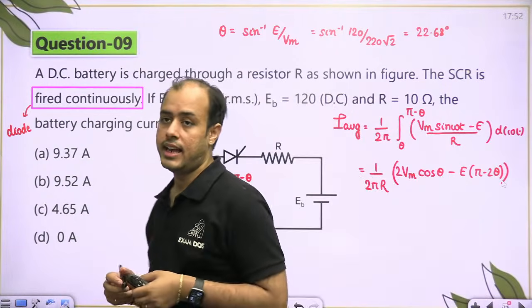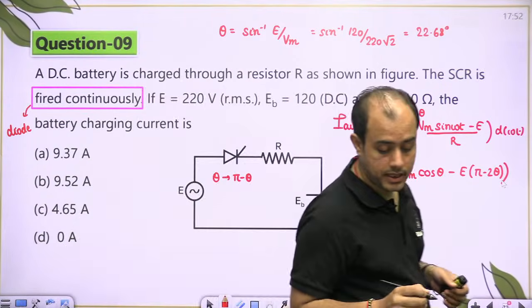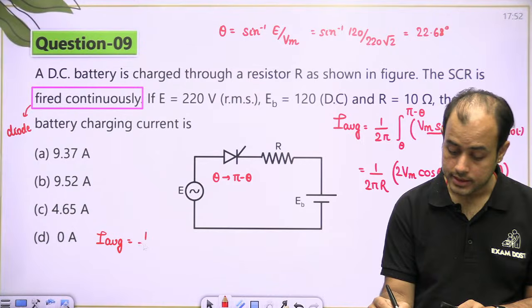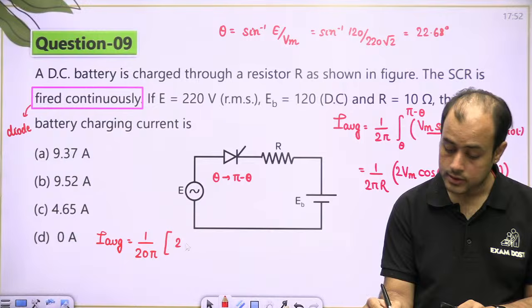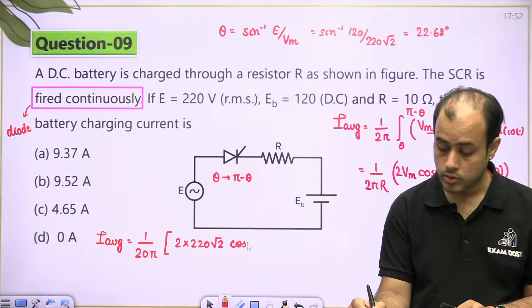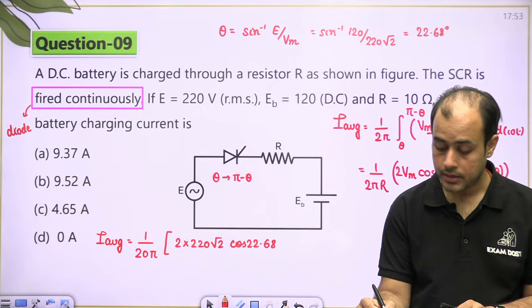This is I average. Now beta, whenever you use angle outside sine and cosine, what is R? R is 10. What is Vm? 220 root 2. Cos 22.68 minus 120.